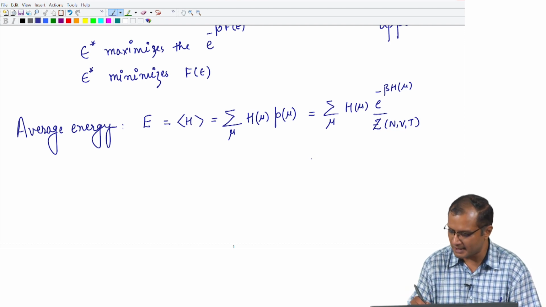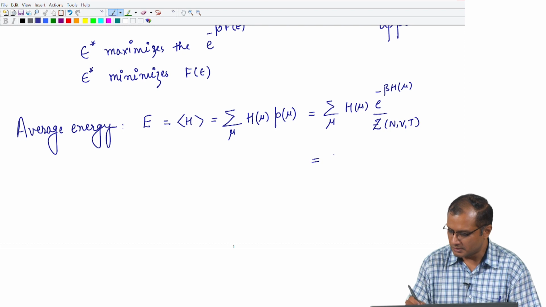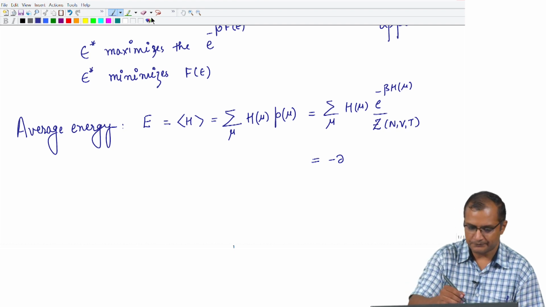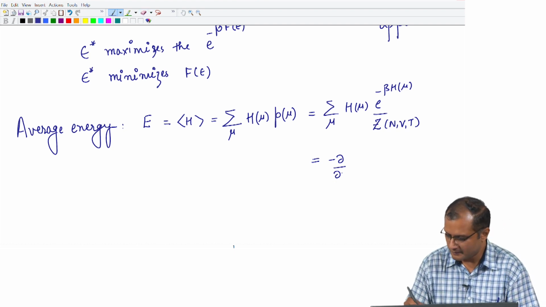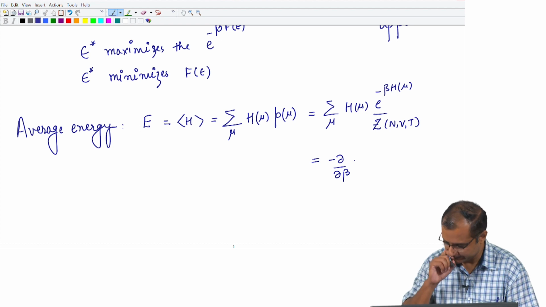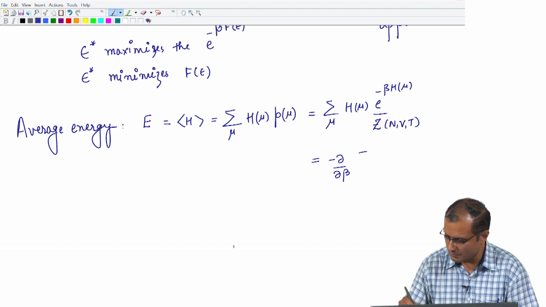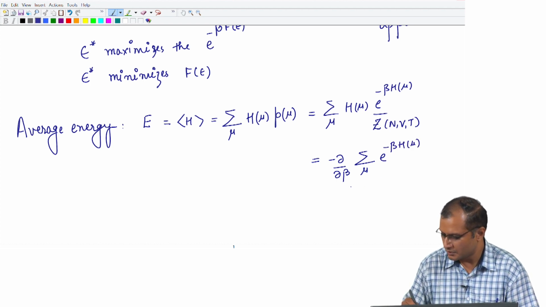And I can write this as simply minus of d over d beta into summation over mu e raised to minus beta H mu over the partition function.